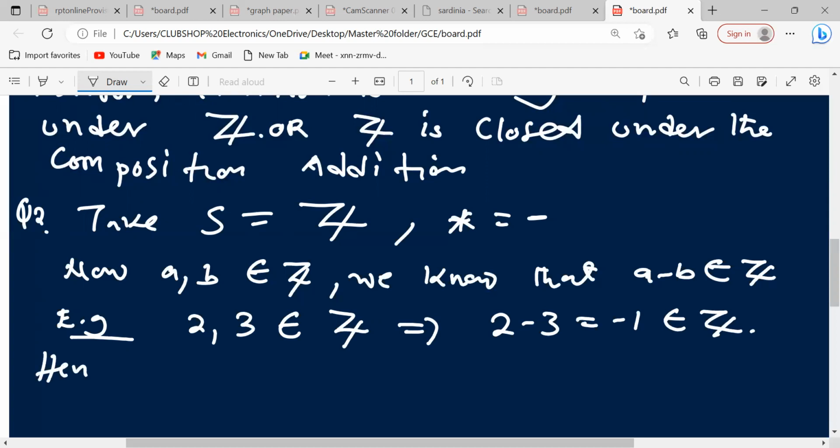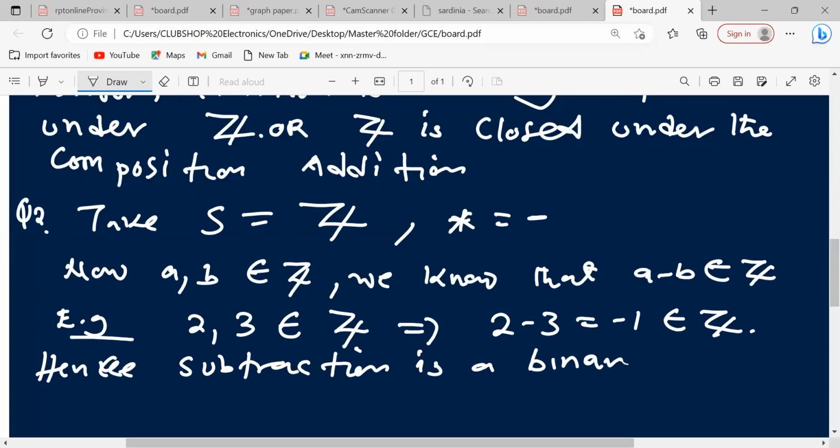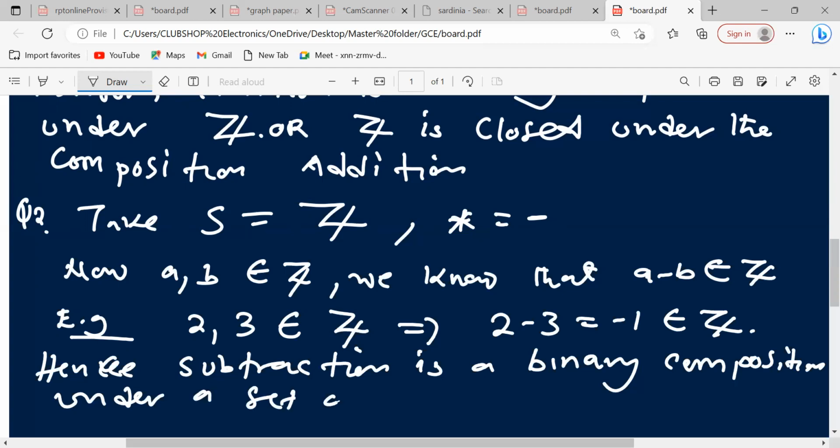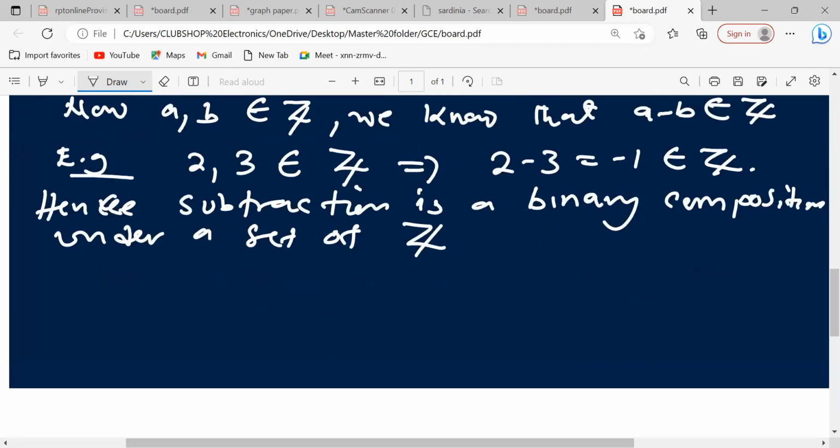Hence, subtraction is a binary composition under the set of integers.